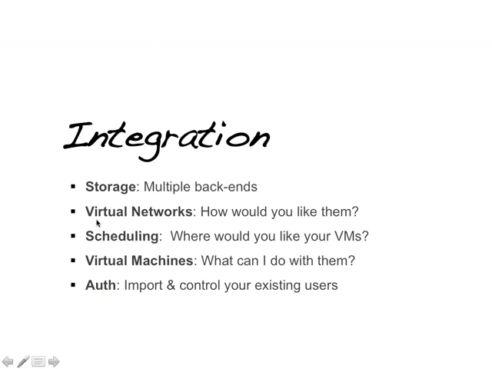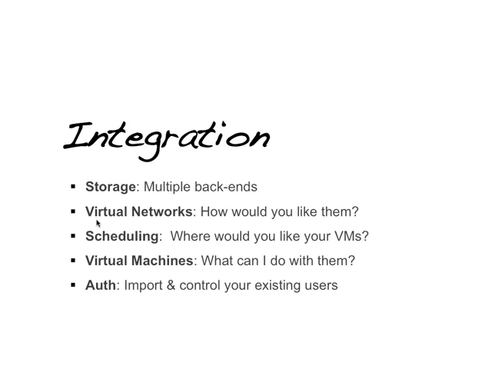Okay, so what does OpenNebula offer in terms of integration in your infrastructure? Well, we're going to talk about 5 different components. We are going to talk about the storage and how OpenNebula can take the most out of your VMware-based infrastructure by managing the storage.